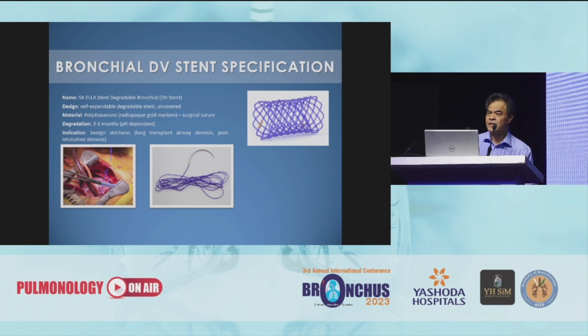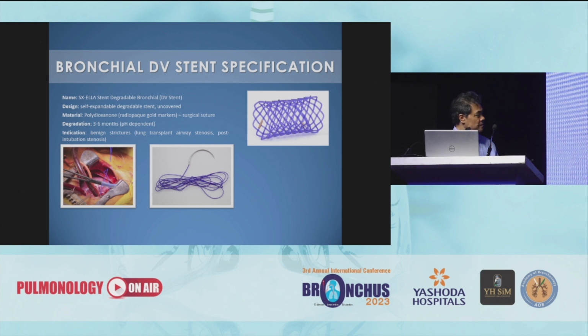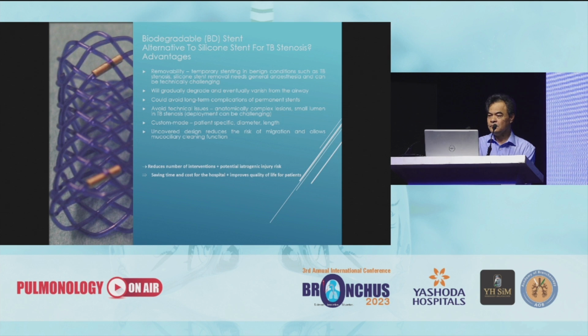It is a self-expandable, degradable stent, uncovered, made of polydioxanone with radio-opaque gold markers, and it's the same material that is used in surgical suture, and it will degrade after 3 to 6 months. It's already being used in benign strictures like lung transplant airway stenosis and post-intubation stenosis. I didn't manage to find any papers on BD stent in post-TB stenosis. So could BD stent be an alternative to silicone stent for TB stenosis?